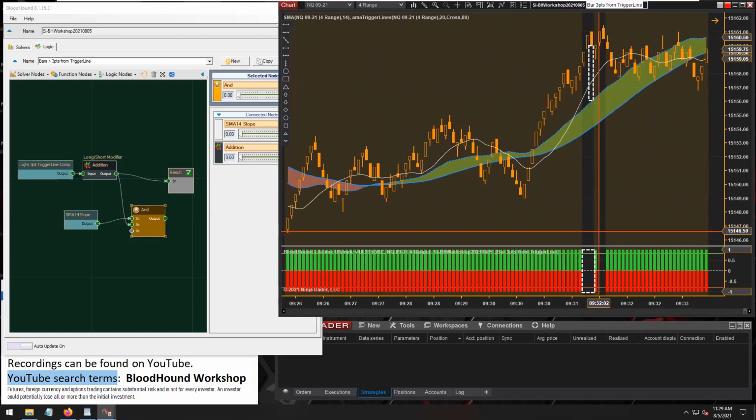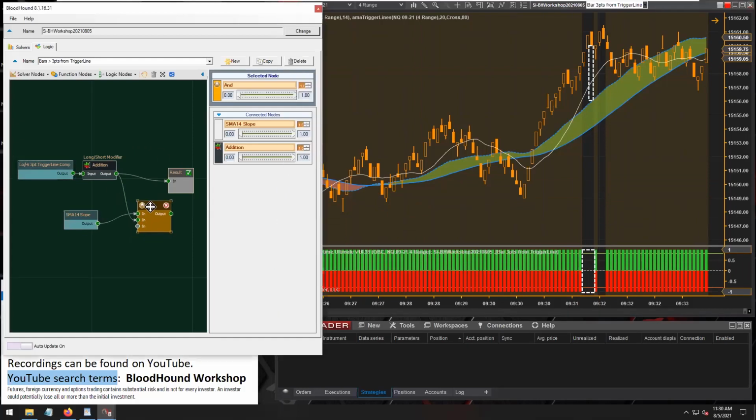So you want no output during whatever condition is supposed to block or prevent signals. When you want to prevent signals, you make sure that there is no output, and that no output will then block the signals when using an AND node.